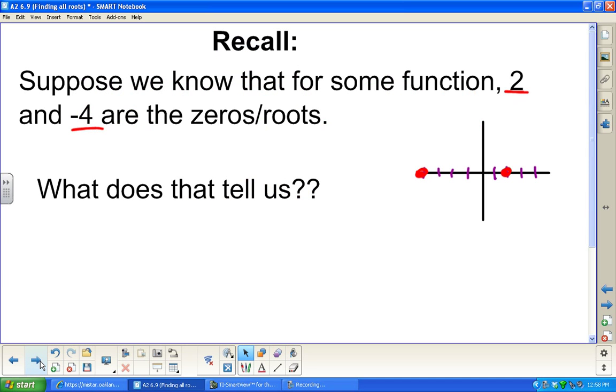Okay, so let's kind of recall this was something from a previous section that we're going to use a little bit. I think this was in 6.8 if I remember. If they give you, or if you know the zeros, okay, like you know the answers, okay, could we come up with the equation somehow? Or what do we know?